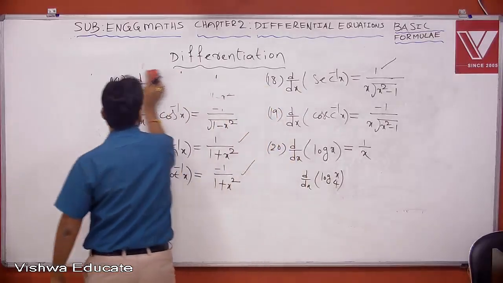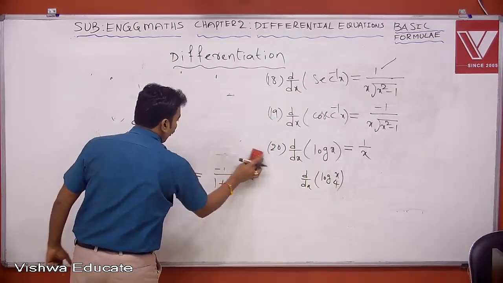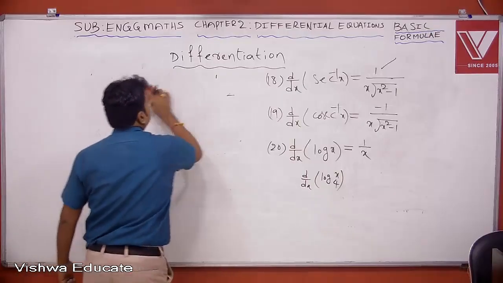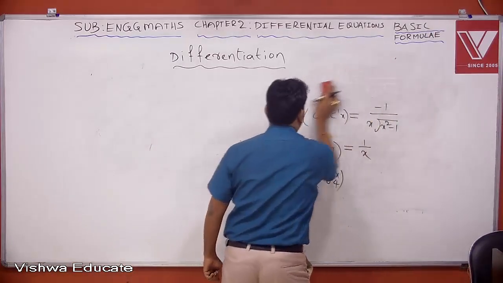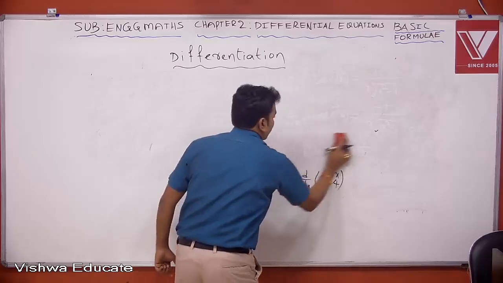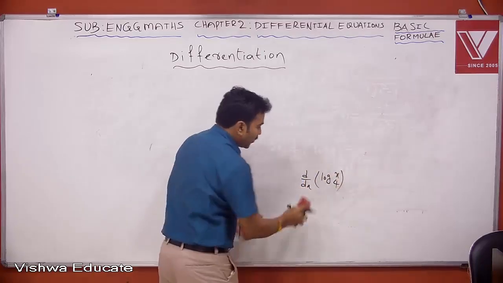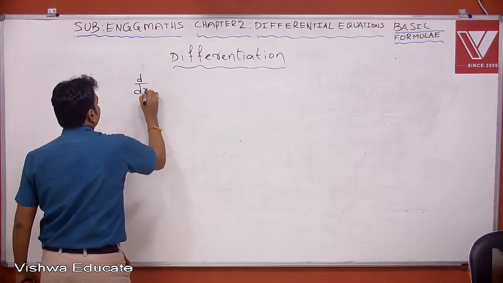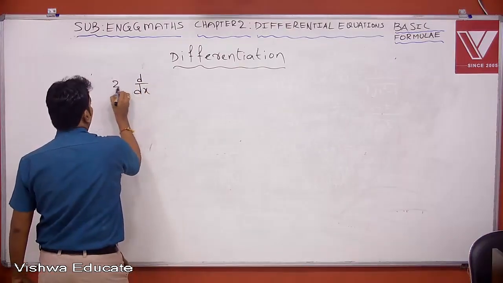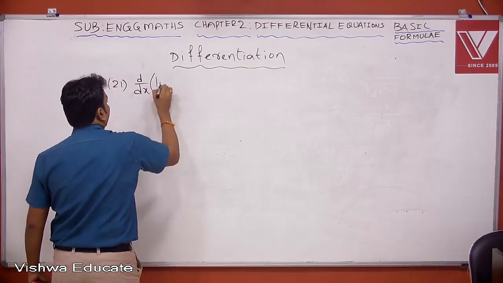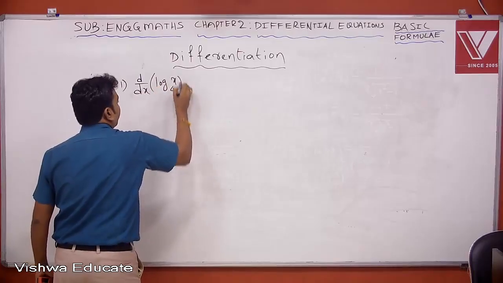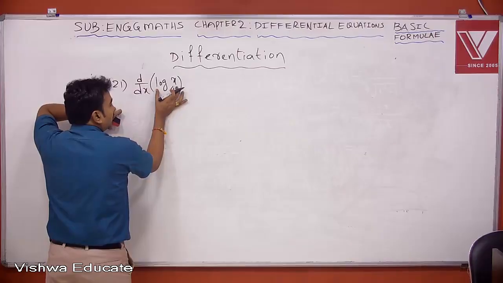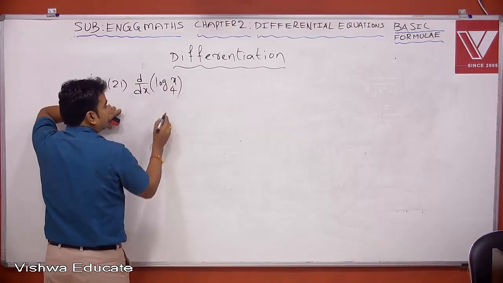Now let us come back to find the derivative of log x to the base value other than e. So my task is to find d by dx of log x to the base 4. This is formula number 21. To get the derivative of this, try to convert this logarithm into log with base e.